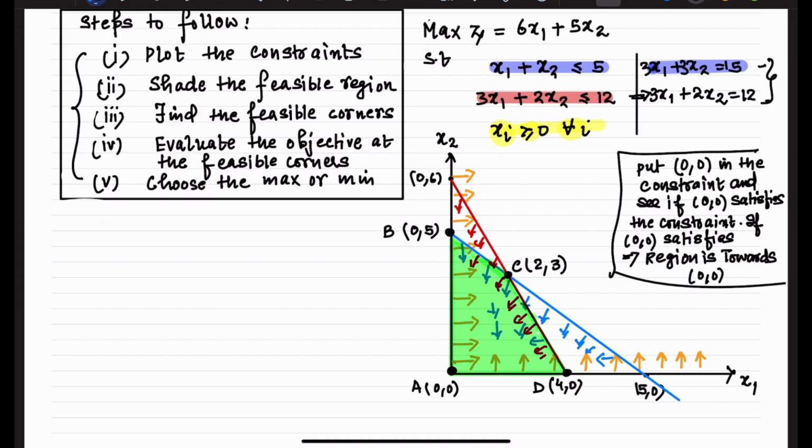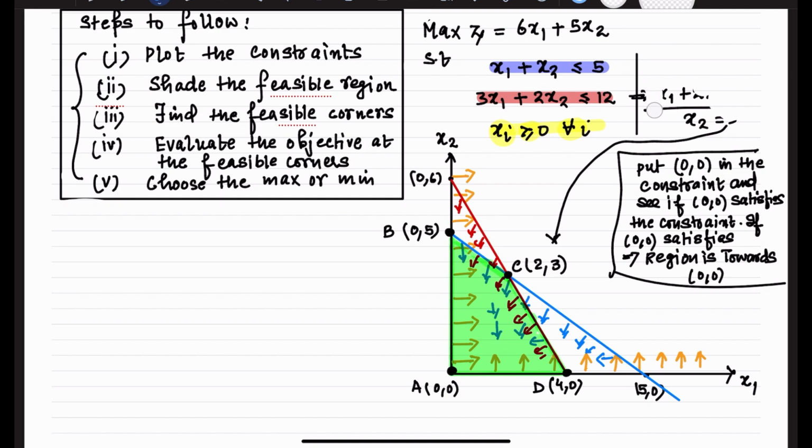This becomes 15. Now subtract. This is x2. Subtract, so you get 3. So that is x2. Put this x2 in either the first constraint or the second, and you get the value for x1. So this is how you get the corner C. So these are the 4 corners.